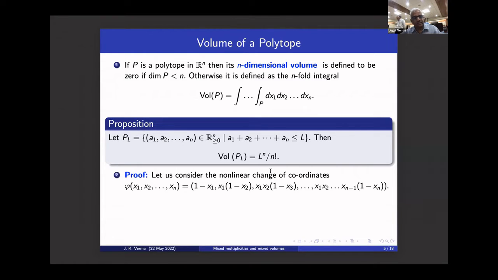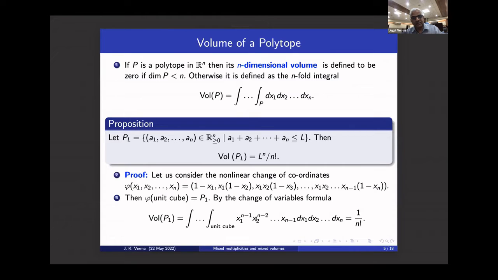You define the transformation phi(x1, x2, ..., xn) = (1 - x1, x1, 1 - x2, etc.), and this change of coordinates maps the unit cube to P1. By the change of variable formula, the volume of P1 is the multiple integral over the unit cube, and it is 1 over n factorial. You make one more change of variables, xi going to L xi, and then the volume of PL is L^n over n factorial.